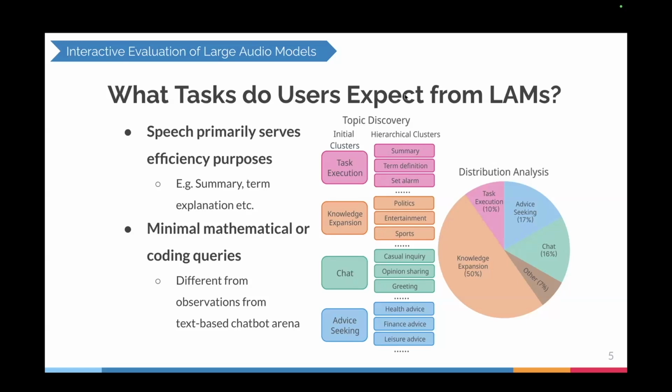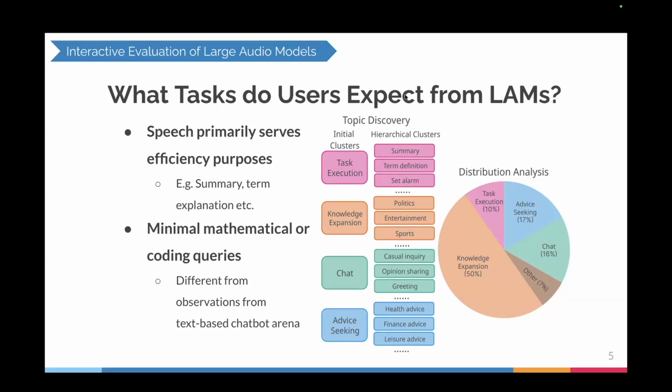We found that about half of the users asked knowledge-related questions like, what is a galaxy? Around 17% were seeking advice about different aspects of life, and 16% engaged in casual chats like, how are you or what's your name? And 10% asked for task execution, such as drafting a summary or defining a term.